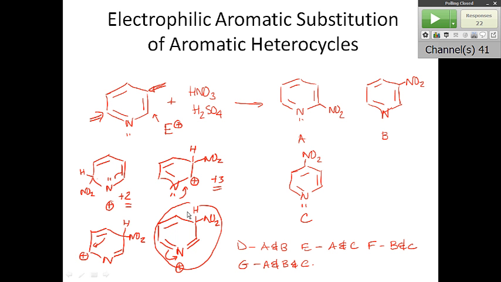What'd I hear? What? SP. What's the usual bond angle for an SP? 180. Is that 180? Can it be 180 ever? Not in a 6-membered ring.